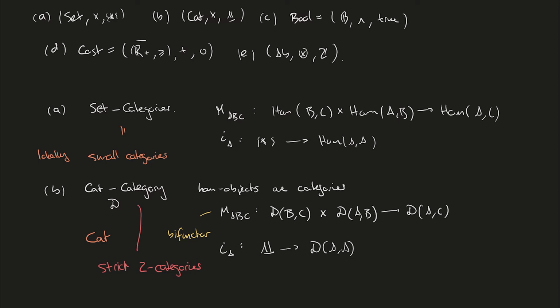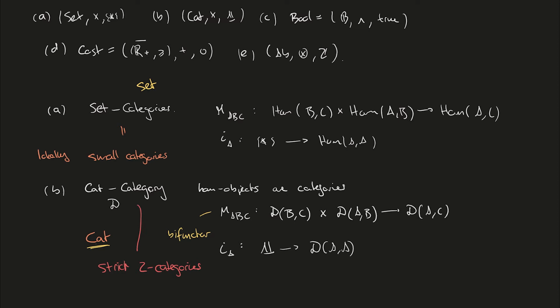Now, what's interesting about both of these cases is that we have enrichment of a category over itself. So to be more particular about what I mean, Set, the category of sets, is a Set category. This means that we can view Set as a category enriched over itself. Similarly, Cat is a Cat category. So we can view Cat as a category enriched over itself.